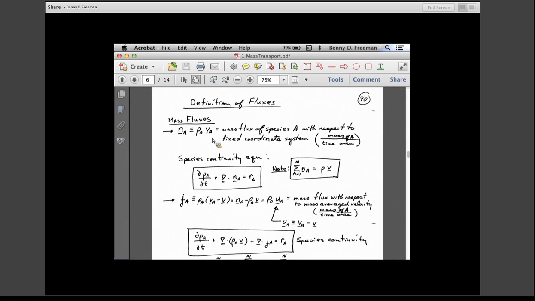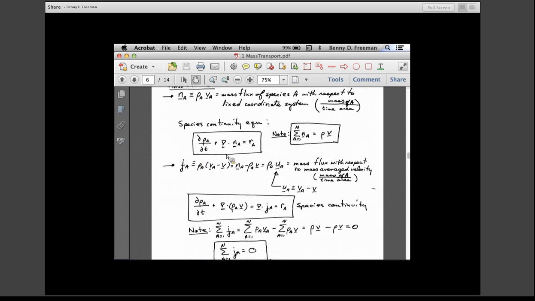And so we can replace rho A times V A in our species continuity equation to get the result that is shown here. That's a direct replacement using this particular definition. And if you were to sum up all of the fluxes in a multi-component system, you'd find that that was the total density times the mass average velocity.